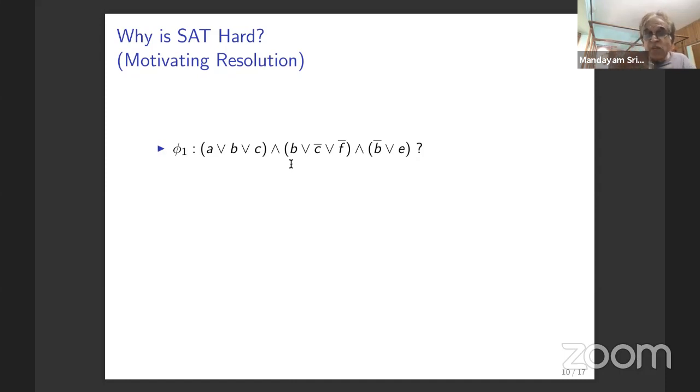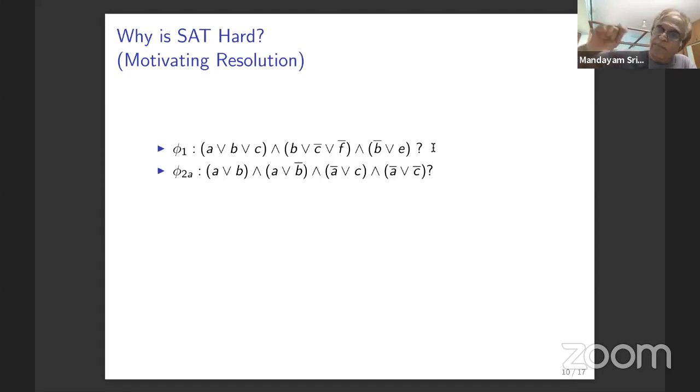The checking becomes hard when you have something like this, because here there are no pure literals. A literal is called pure if it appears with only one polarity throughout the formula, either positive or negative. That is not the case here.